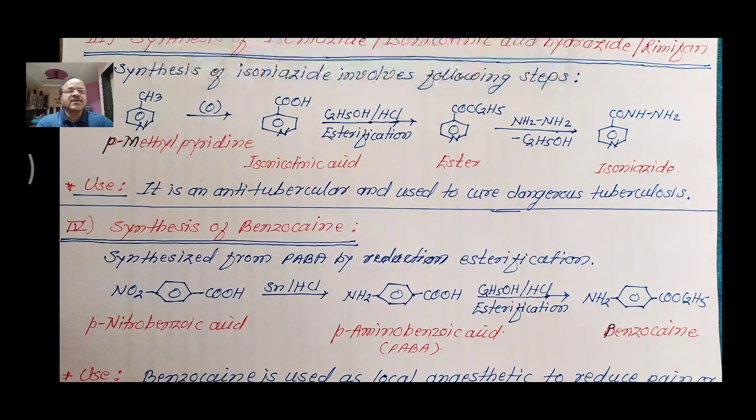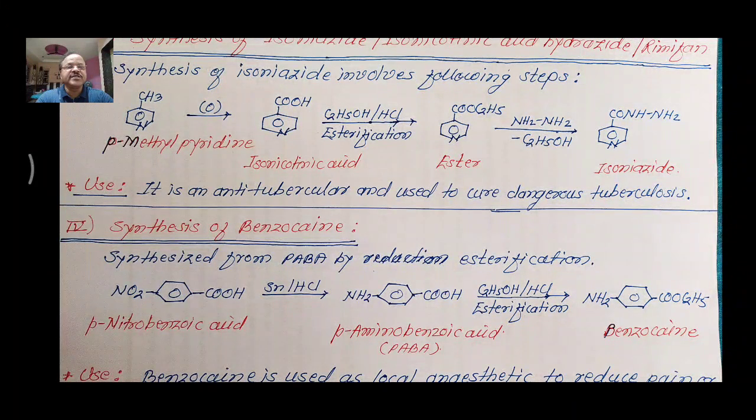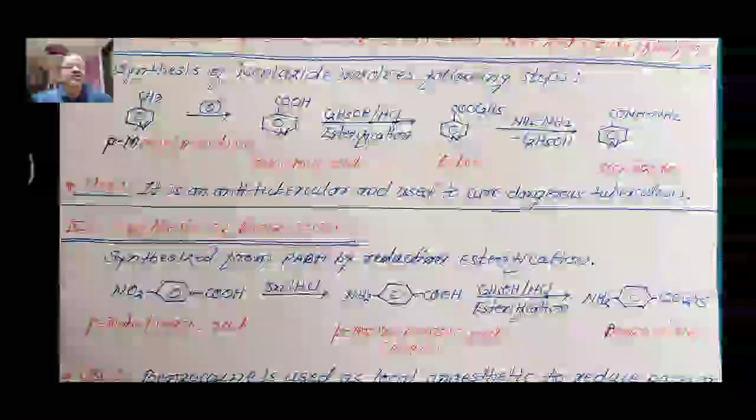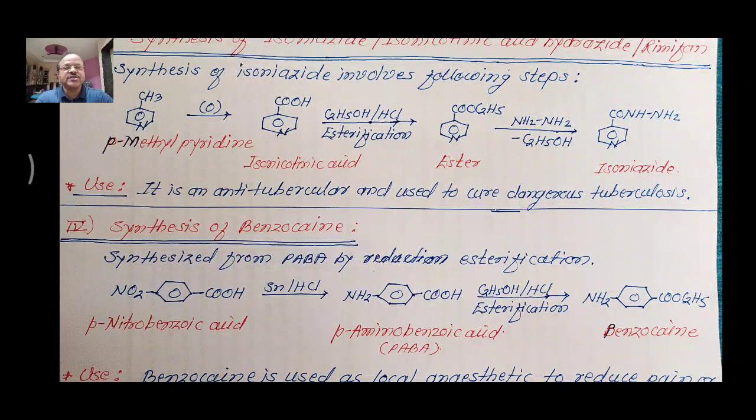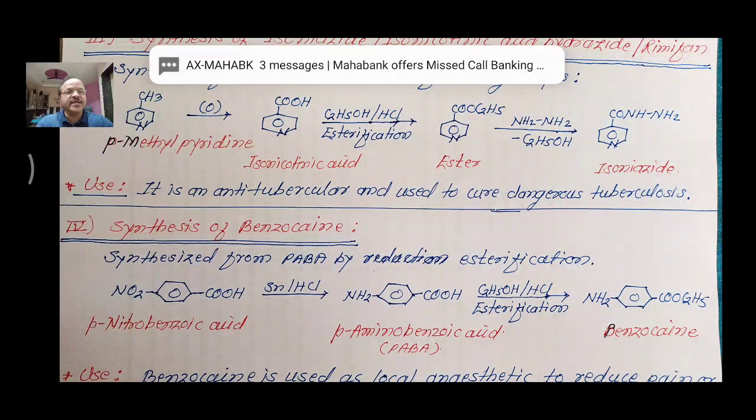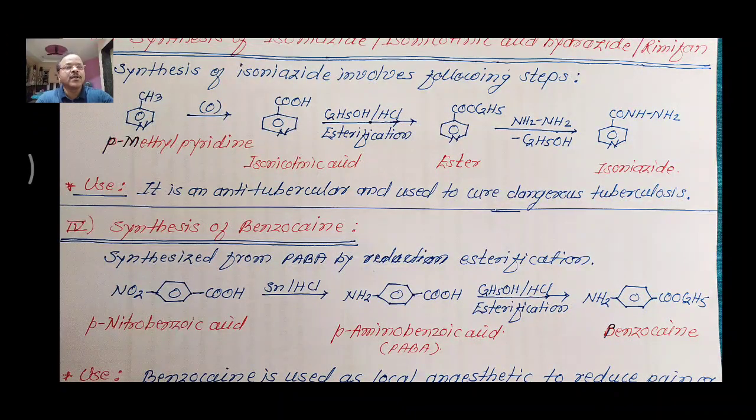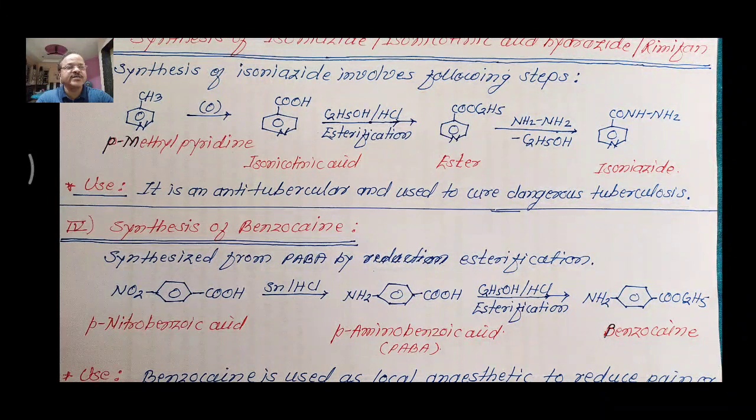Then this isonicotinic acid on esterification, that is on reaction with ethanol C2H5OH and HCl, forms an ester. Again see the change, the COOH group is converted into COOC2H5, that is the ester group, and this ester on reaction with hydrazine NH2NH2, with elimination of one ethanol molecule, C2H5OH, forms isoniazide.